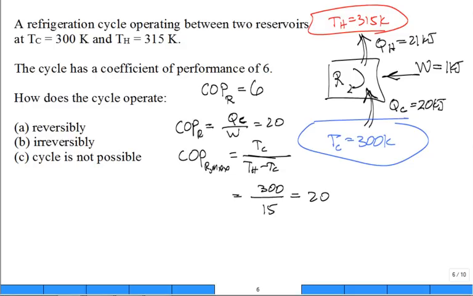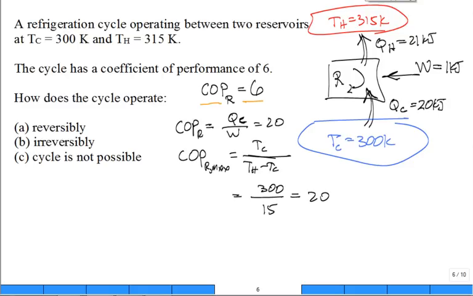But now they say, for this problem, the coefficient of performance is not 20, it's 6. So what's the best answer? Well, I'll tell you what, I'll ask another clicker question, but you only have 30 seconds on this one.